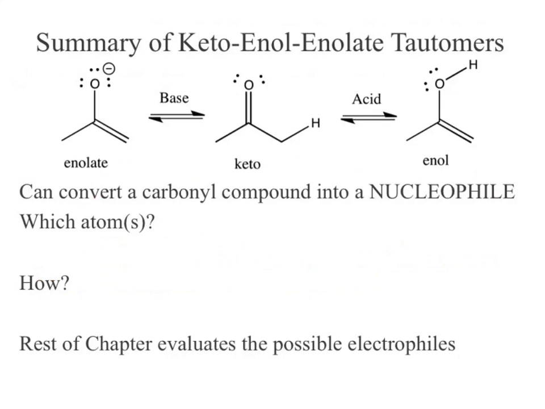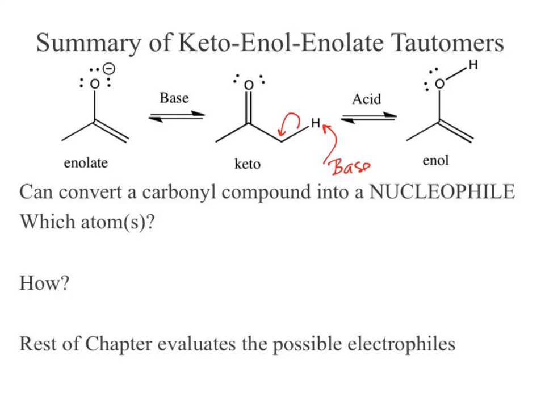So we got a general summary here. Okay. How can we convert a carbonyl compound into a nucleophile? Well, what we're going to do is add a base. When we add a base to our ketone, we can remove that hydrogen by the use of our strong base. The base can attack the hydrogen. The electrons can then go onto our carbon. Okay.